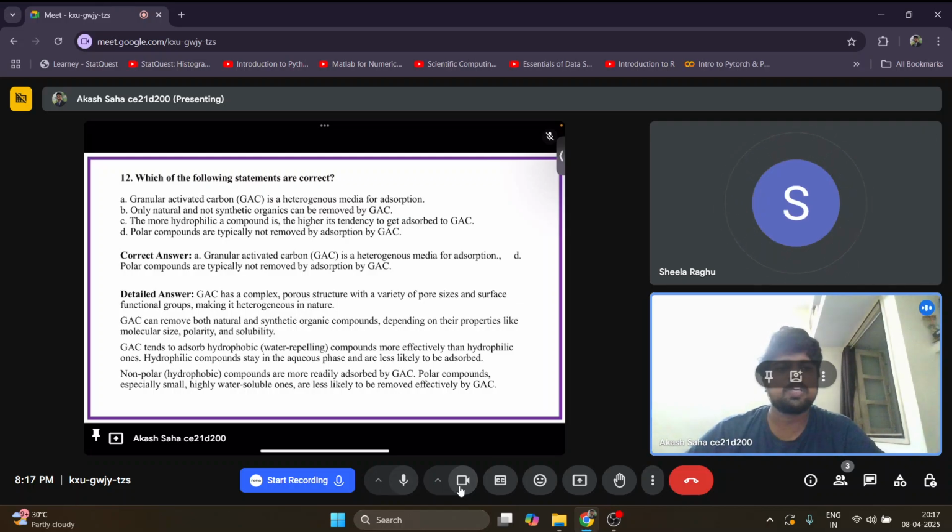For it to get absorbed, it should be more hydrophobic. Phobia means fear. So the more it is water fearing, it will be better for getting absorbed. And the last thing is whether polar compounds or non-polar compounds. Generally non-polar compounds are hydrophobic.